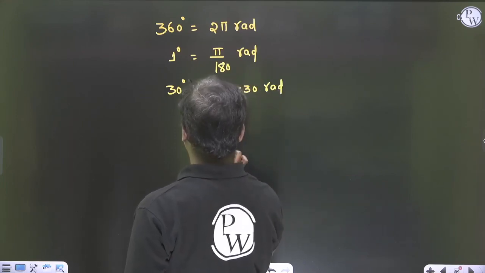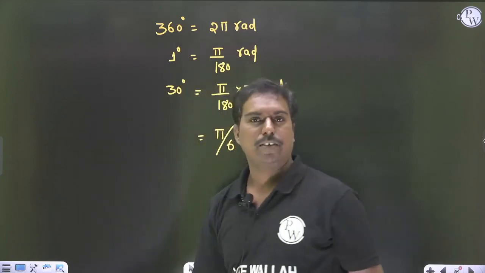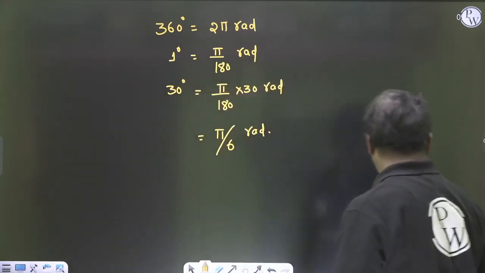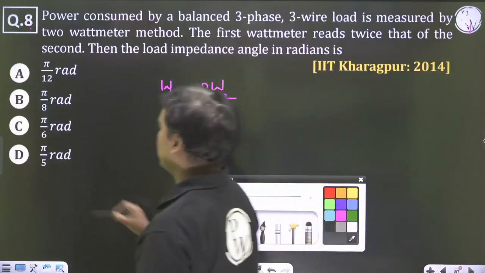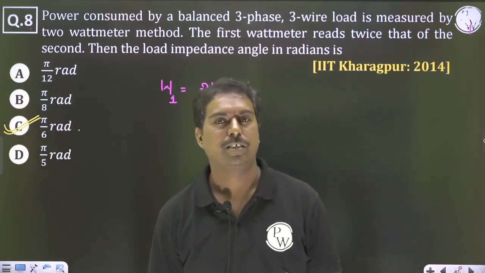So the angle is pi by 6 radians. The right answer for this question is pi by 6 radians.